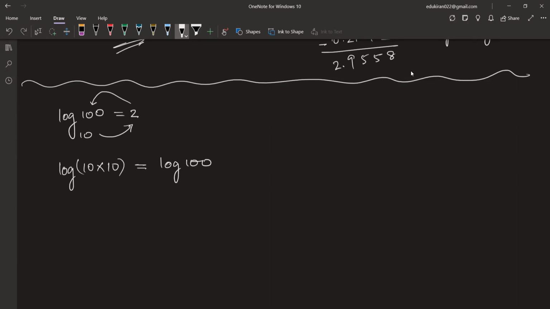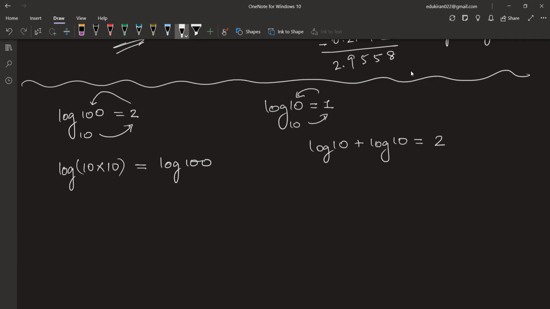So I can write this also as log of 100, right? And also, what is log of 10? Tell me. 10 to the power, how much is equal to 10? 1. So that means if I do log of 10 plus log of 10, this will be also equal to 2, yes or no? Yes. Correct. And that is why. Now you understand why we have this?